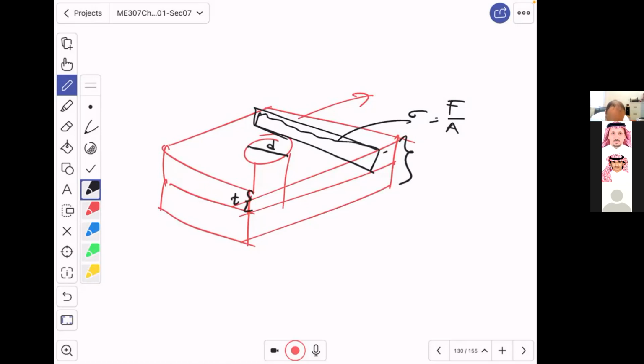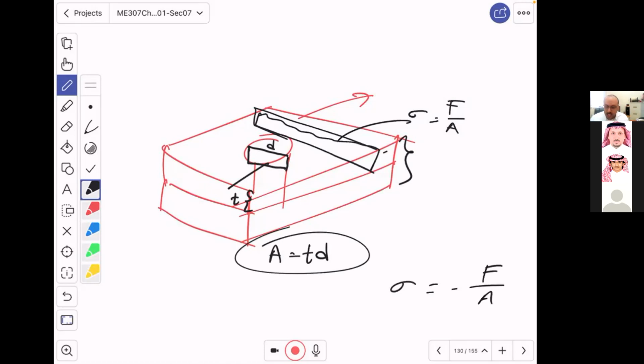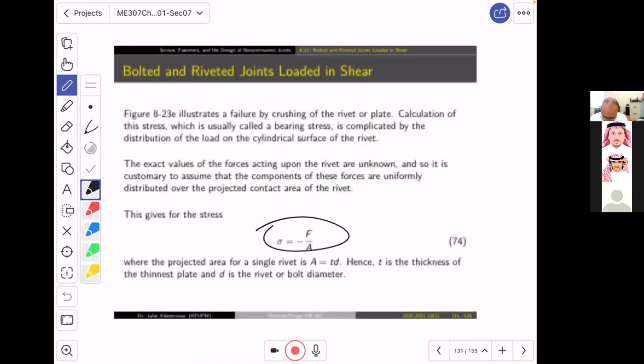Then the projected area causing the bearing is the diameter of the rivet multiplied by its thickness. That's the bearing area. And the bearing stress will become minus F over A, where A is the bearing area. Do you understand? We will have an example about this.